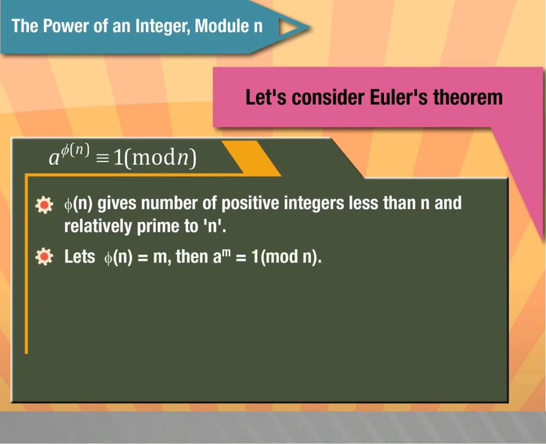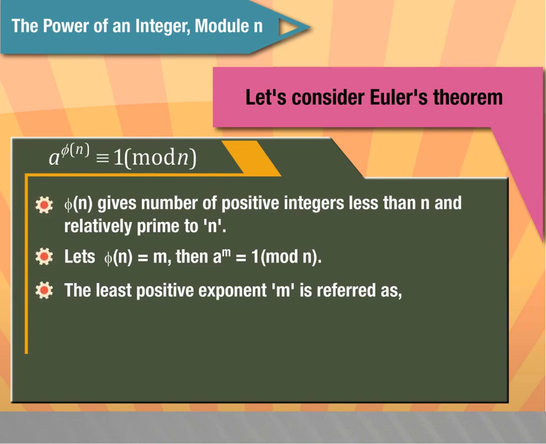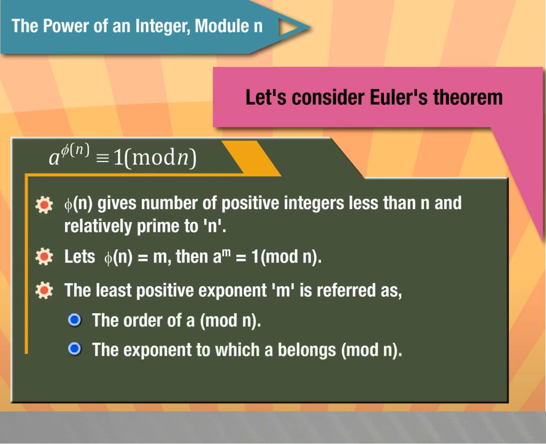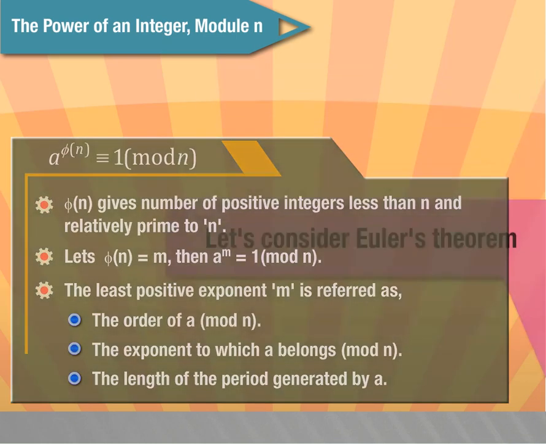Let phi of n be equal to m, then a to the power m is equal to 1 mod n. The least positive exponent m is referred to as the order of a mod n, the exponent to which a belongs mod n, or the length of the period generated by a.